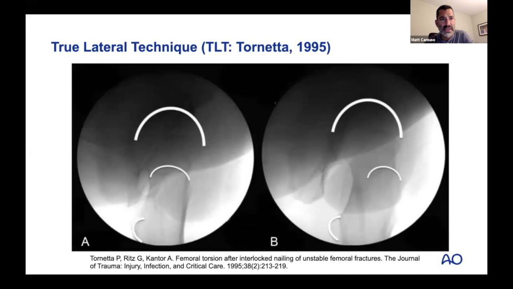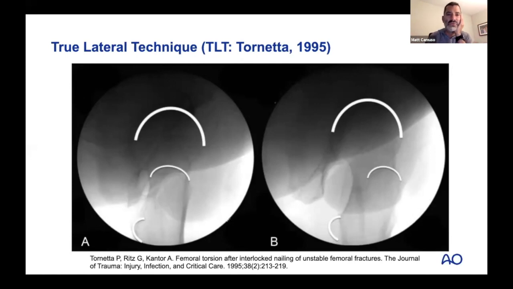This is one of the techniques, the true lateral technique. It was described by Tornetta in 1995. What it does is exactly what we described: gets a perfect lateral of the distal femur, and then rolls up to the hip and gets a lateral at 90 degrees, and then a perfect lateral, which is what you see on the left-hand image, where the greater trochanter arc is perfectly centered over the arc of the femoral head.